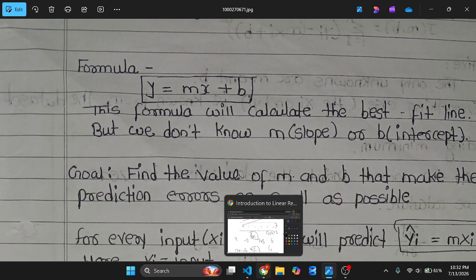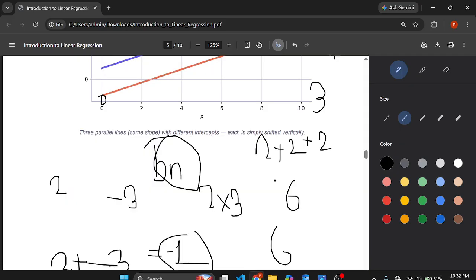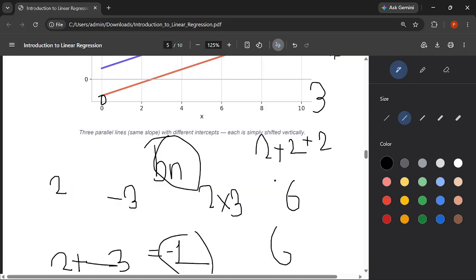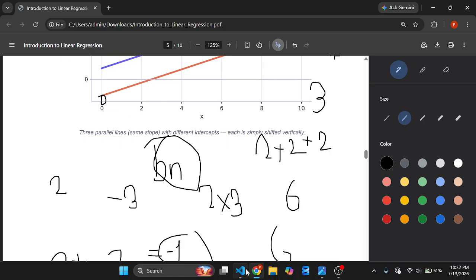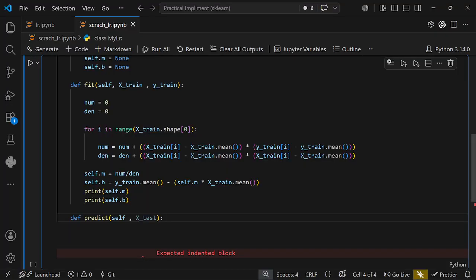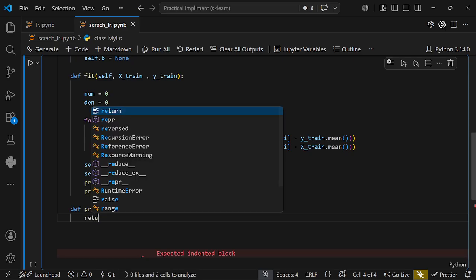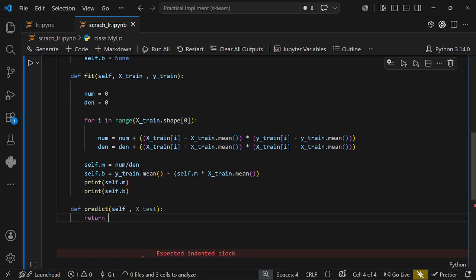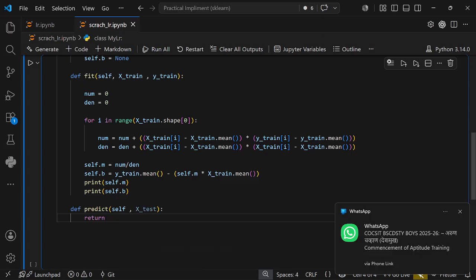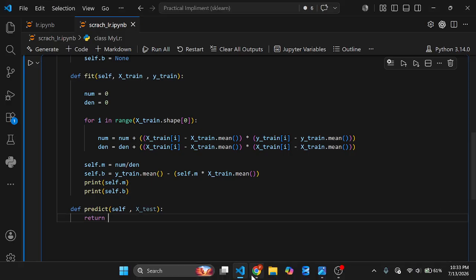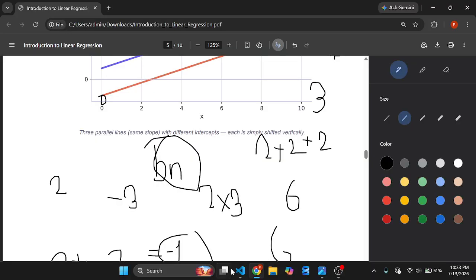So we are back. Where is our code? Return y hat is equal to m plus... what is our formula? Y is equal to mx plus b.